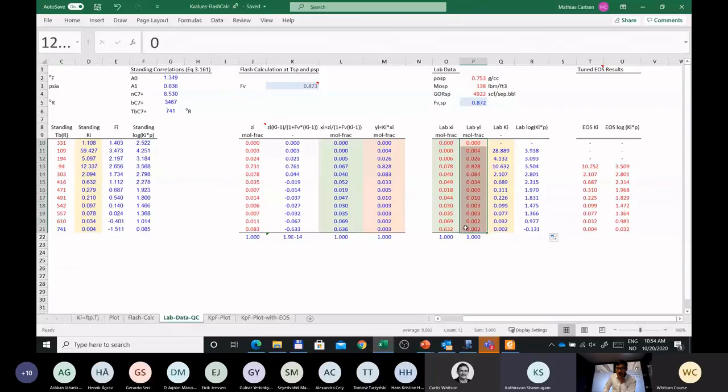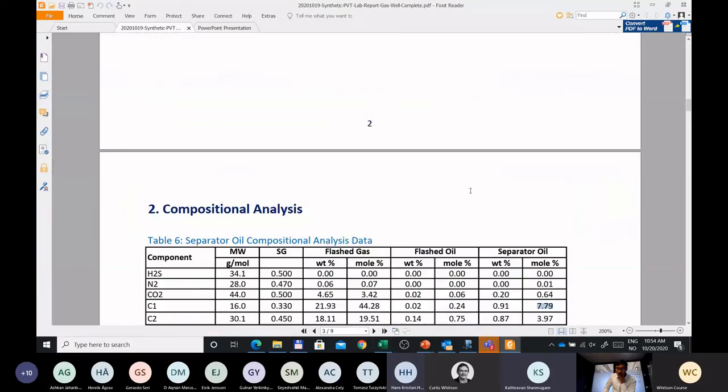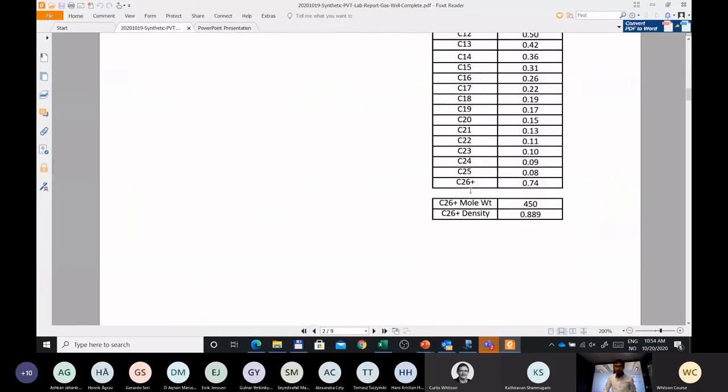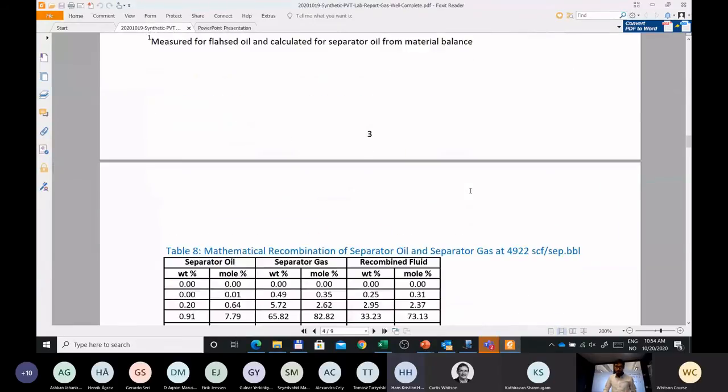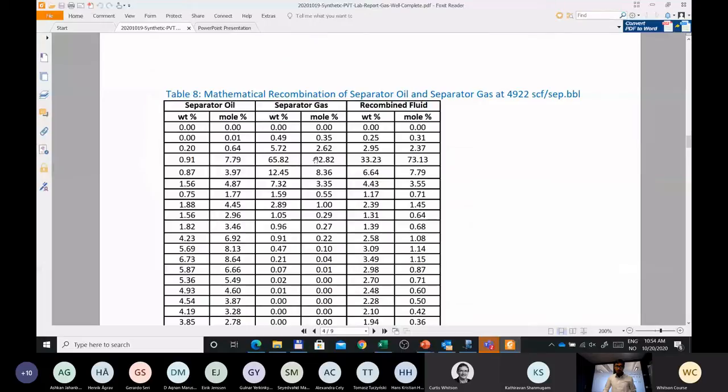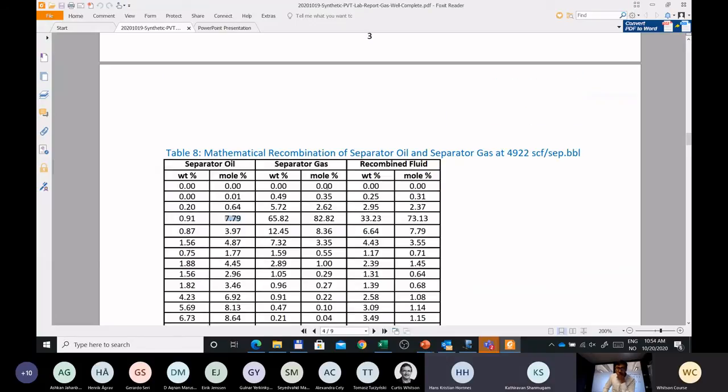This is the separator gas composition itself. This is lab YI. Can we just check in the PDF file? Yeah. So if you go to this report, that's the separator gas composition. And then the other one is the separator oil composition. Okay, and what is the previous page of this?